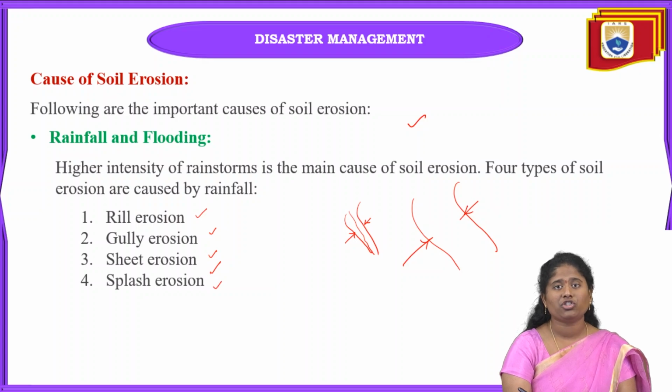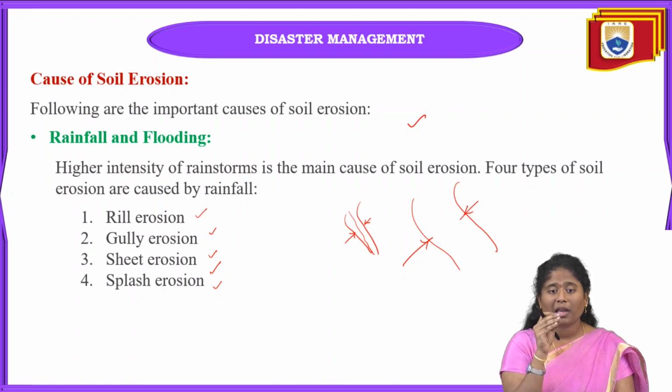Splash erosion can be caused due to raindrops. When raindrops fall on the land, they create some space for erosion, so erosion occurs at that place because of these raindrops.